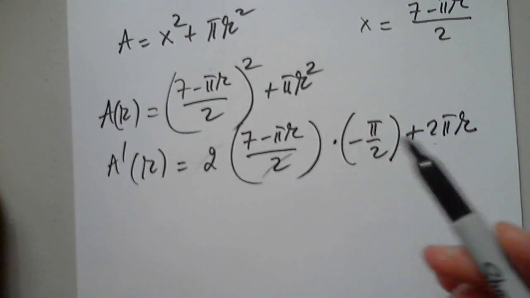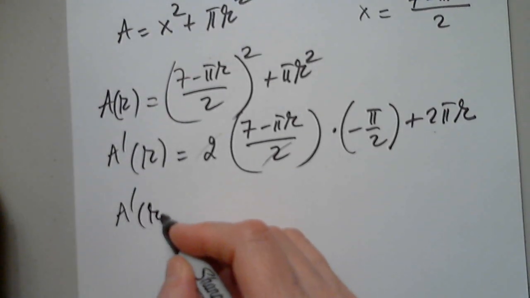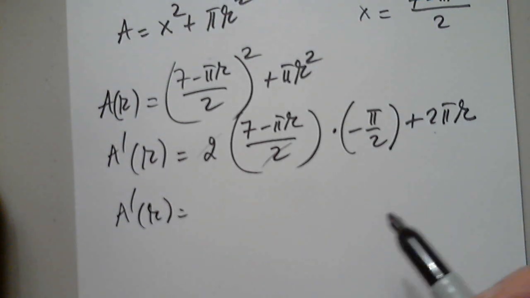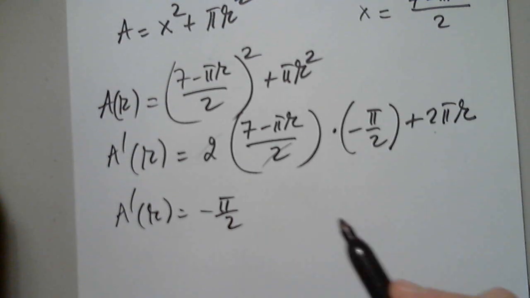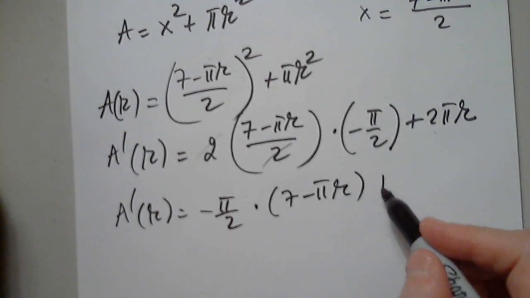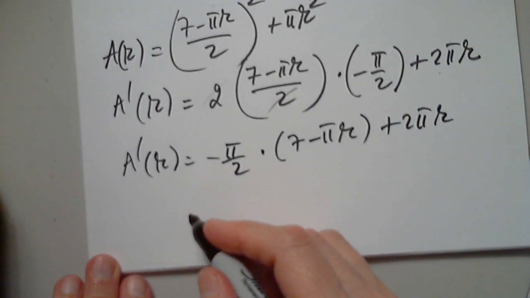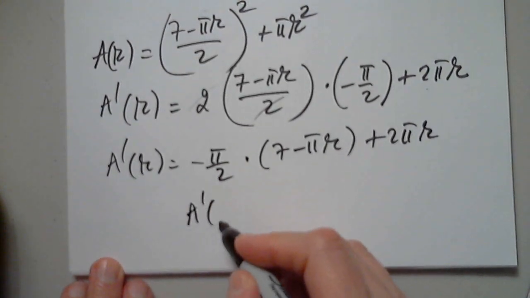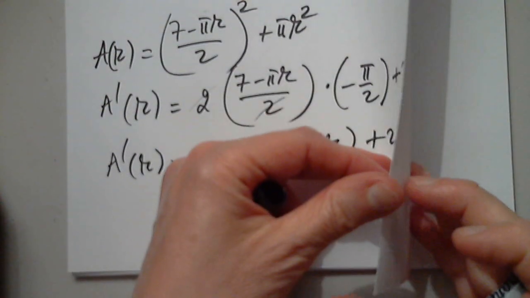So I'll simplify these two. So I have A prime of r as negative pi over 2 times 7 minus pi r plus 2 pi r. Awful. I will set this equal to 0 and see what I come up with.